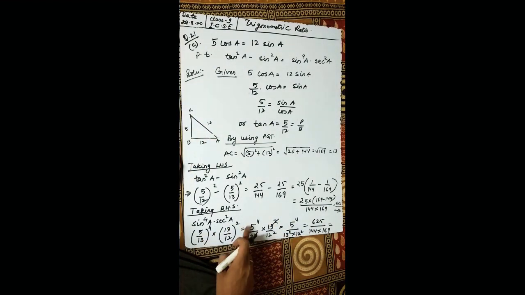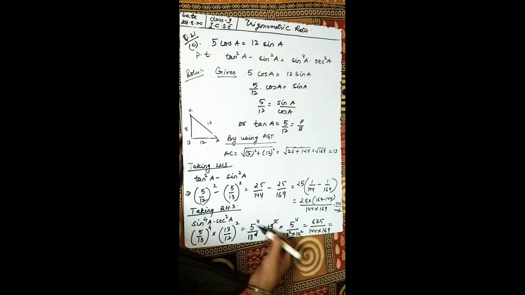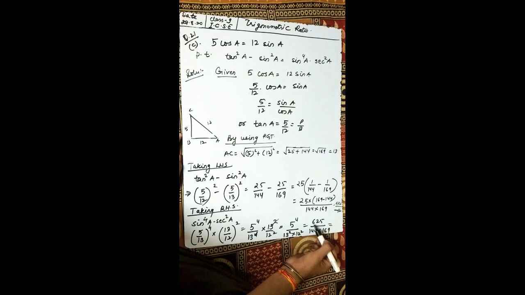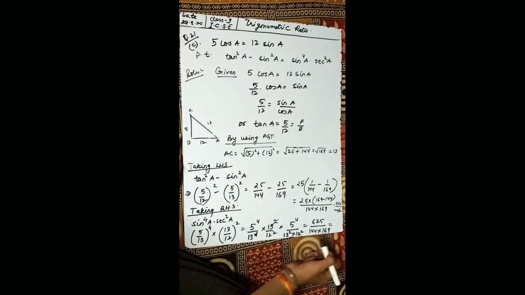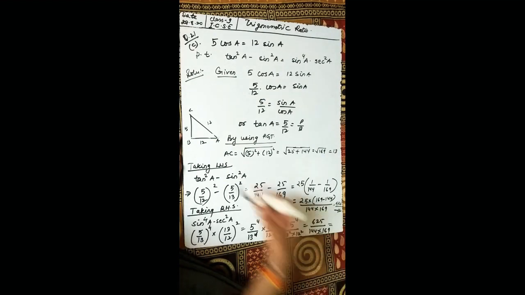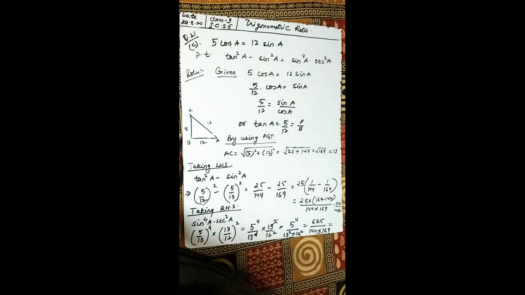So this will be 5 to the power 4 upon 13 to the power 4 into 13 square upon 12 square. 13 square with this power you can cancel, so 5 to the power 4 upon 13 square into 12 square. Here only 13 square will be left because we have cancelled. Now 5 to the power 4 is 625, and you find the product of these two, and you will see that these two are equal. If these two are equal, then LHS will be equal to RHS.